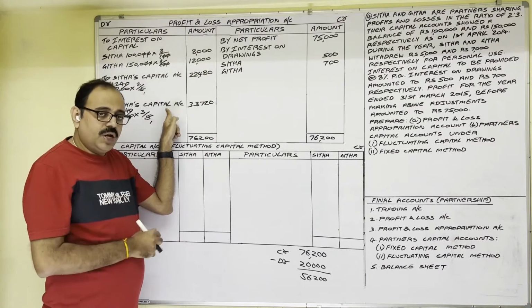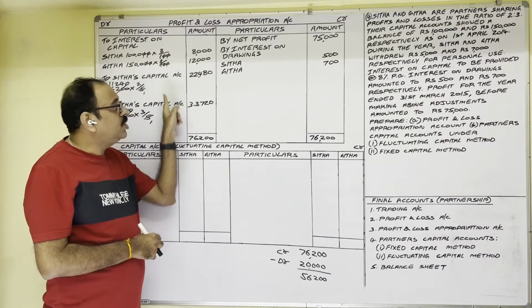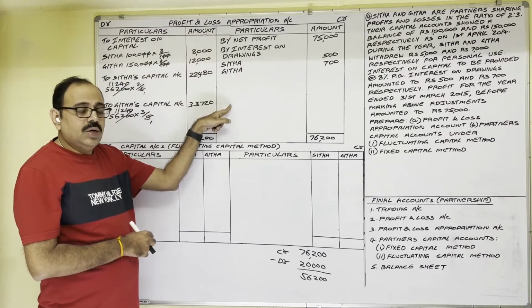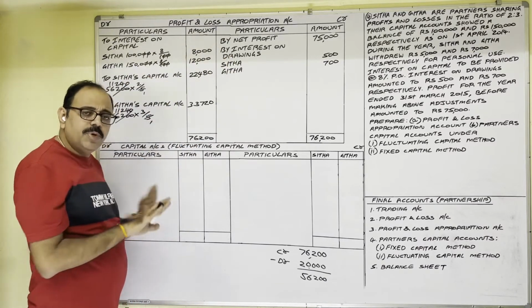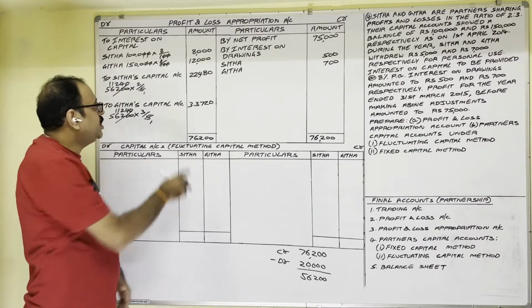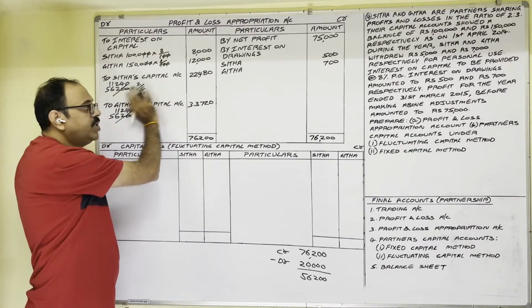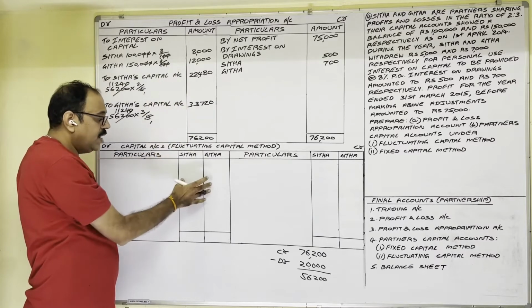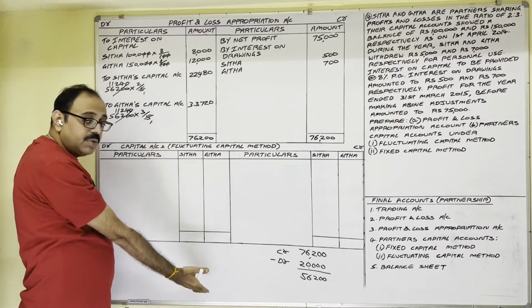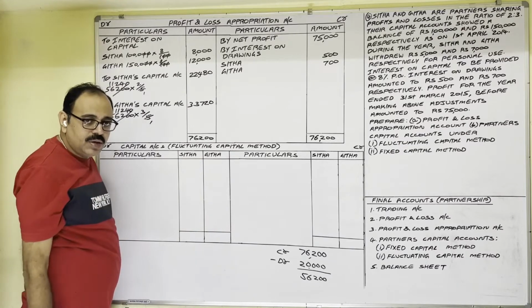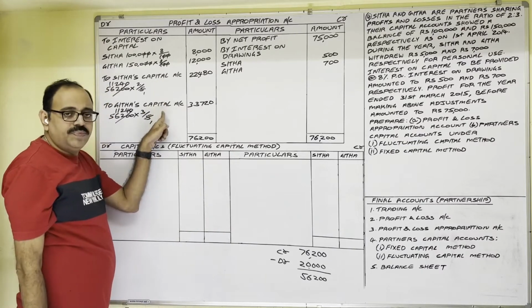So you may get one doubt: does it mean in the examination you have to prepare this two times? Only this is new. All remaining points are the same. You need not prepare it two times. By transferring to capital accounts, we close this. Then under the fluctuating capital method we prepare, then under the fixed capital method again only capital accounts we prepare. So this is negligible.